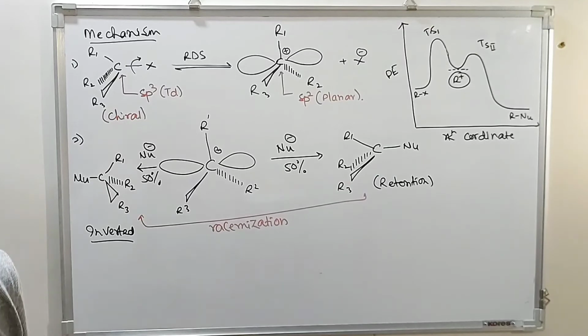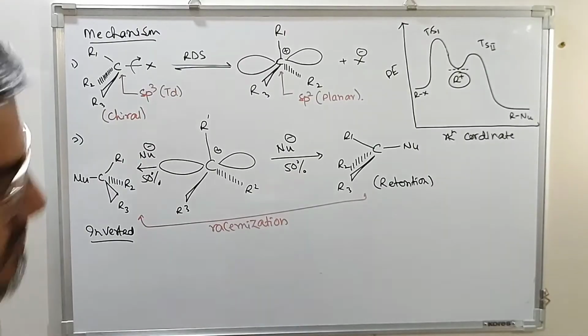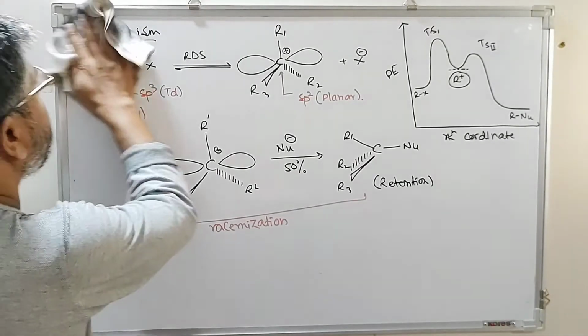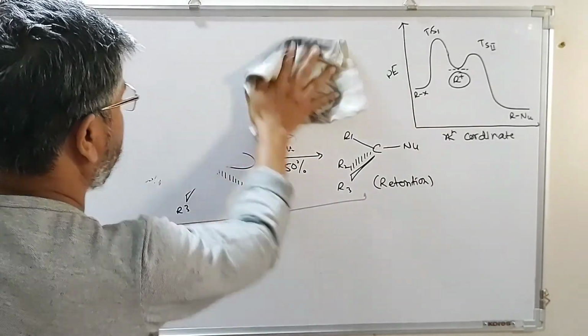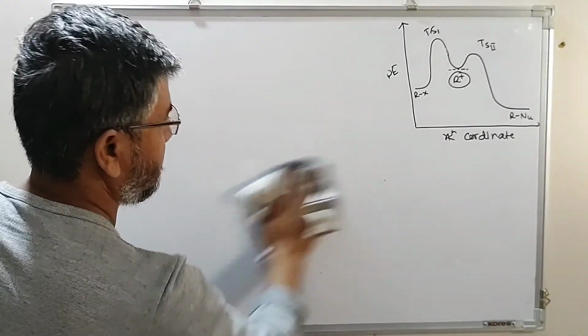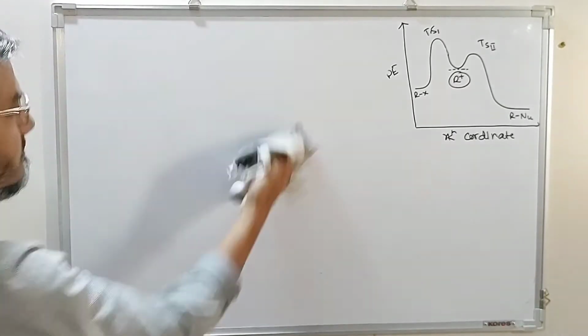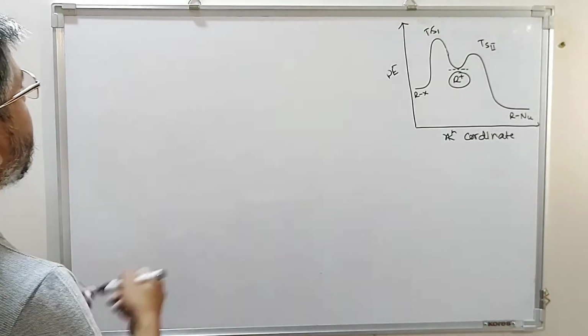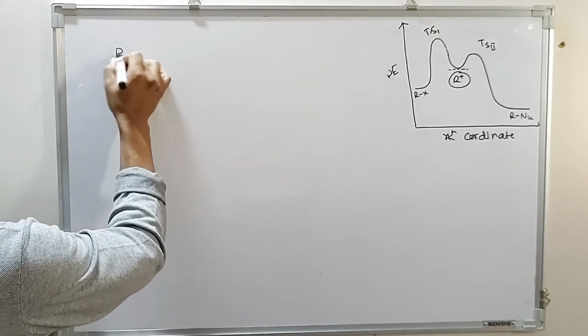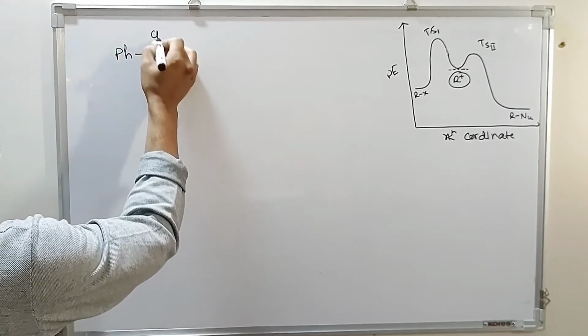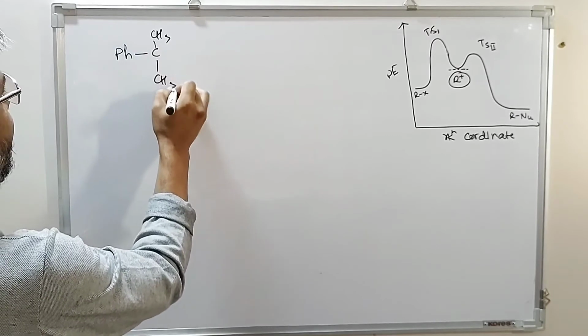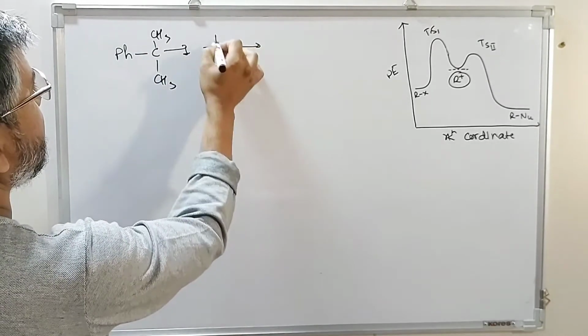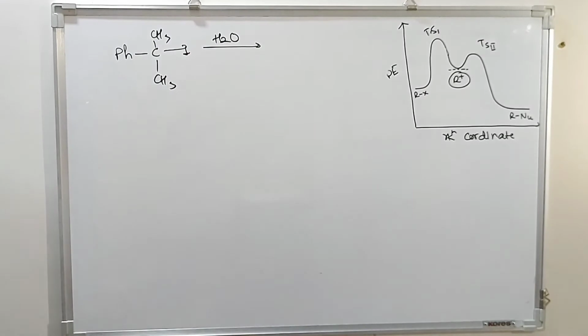Now let me give you some examples here. This is benzene, CH3, CH3, I, and this reacts with H2O.